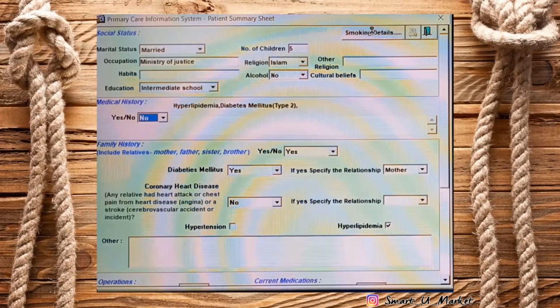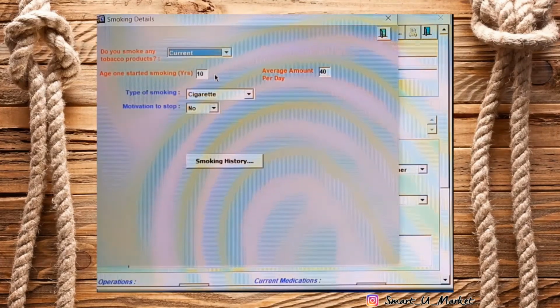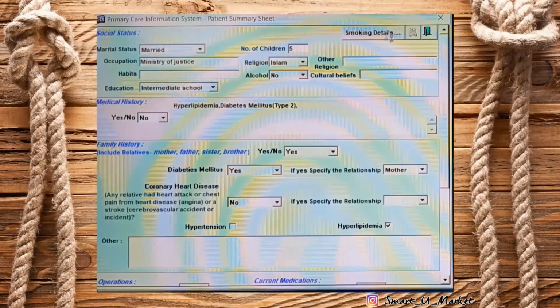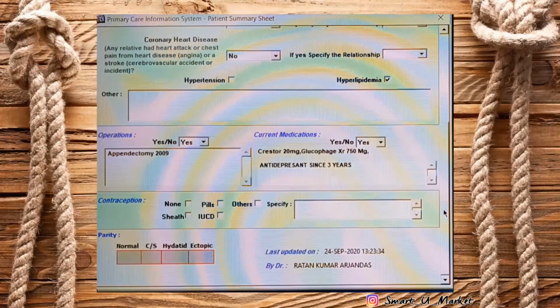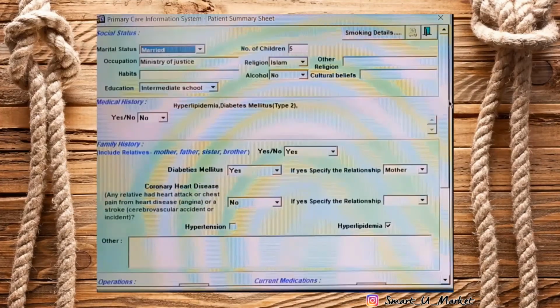And for the smoking details, when I asked him, he was a current smoker, and he had been taking 40 cigarettes per day for 10 years. He was not motivated at all. I convinced him a lot. So this is all about the summary that we have to take at least once for a patient in the chronic clinic.